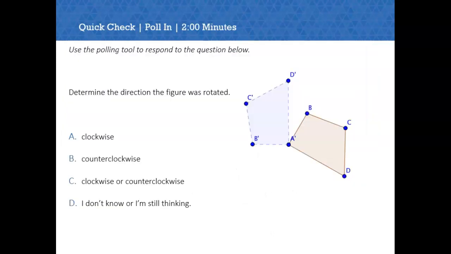So let's take a look. Determine the direction the figure was rotated. So something that we need to know is we need to understand what is the pre-image and what is the image.